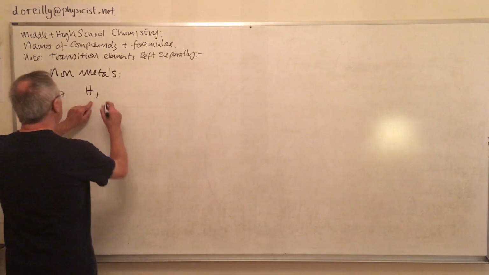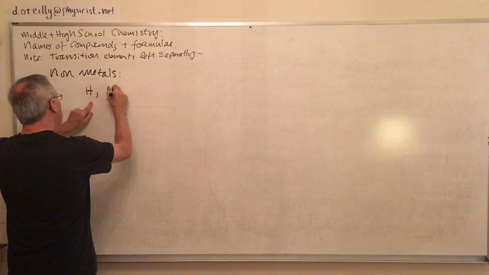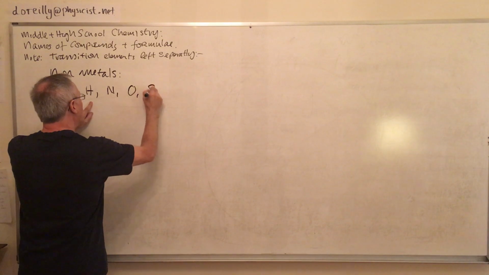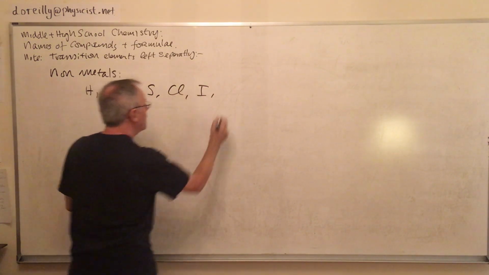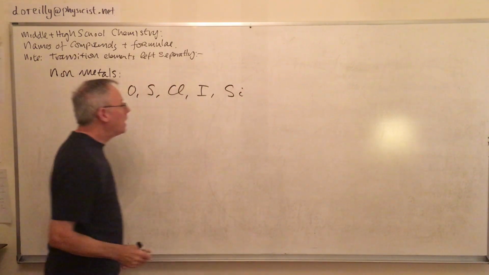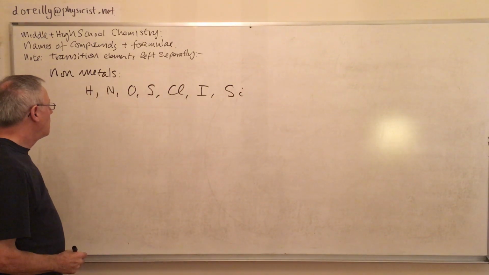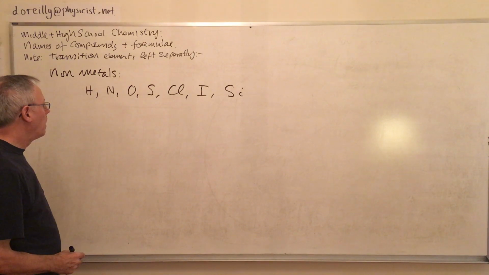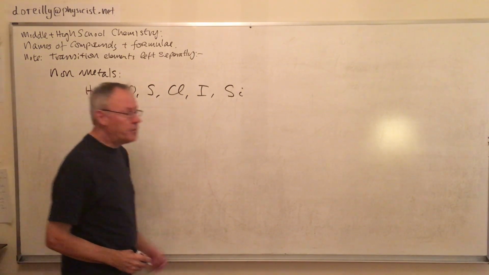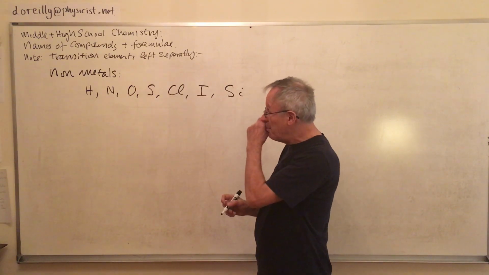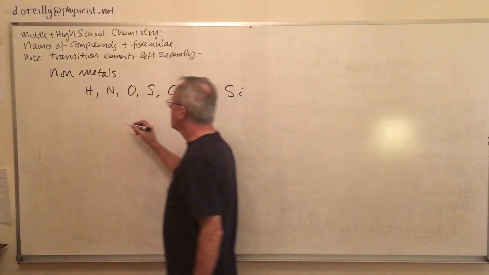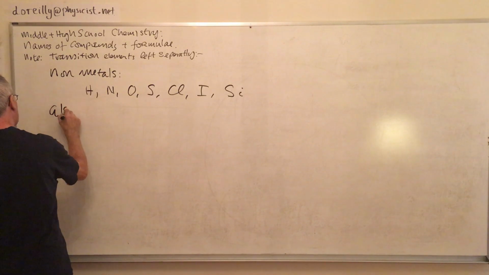So I go hydrogen, nitrogen, oxygen, sulfur, chlorine, iodine, silicon. Anything else? I guess that's it. If there are others, they're rare. So for the non-metals that take part in all the compounds, these also make covalent compounds.